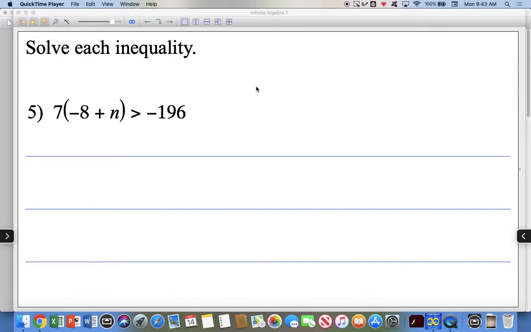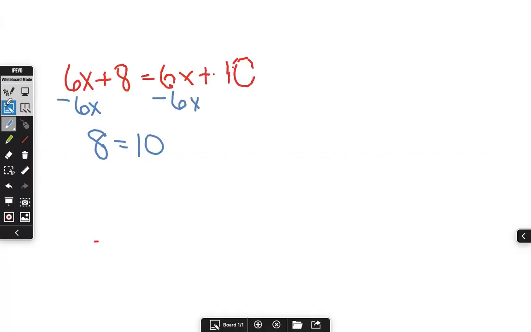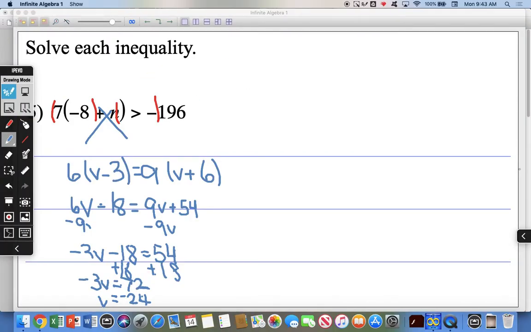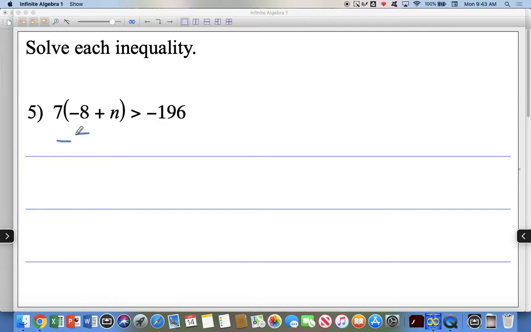All right, so if we want to solve this for indicator 2, we would distribute the 7, and that would give us negative 56 plus 7n is greater than negative 196. All right, what would I do next?